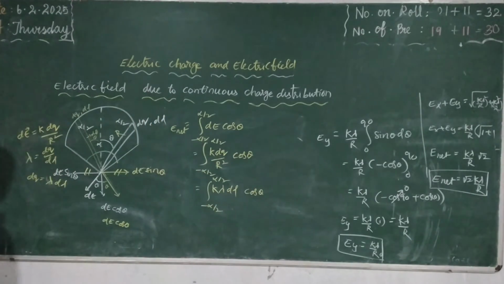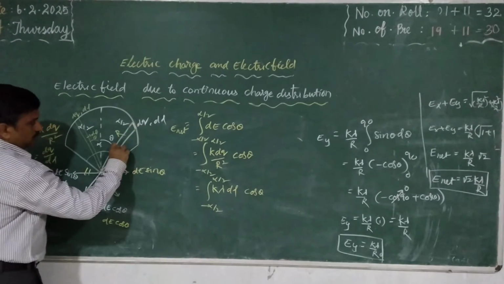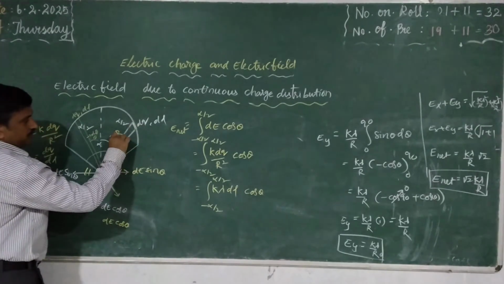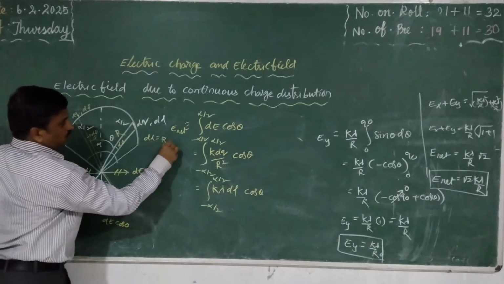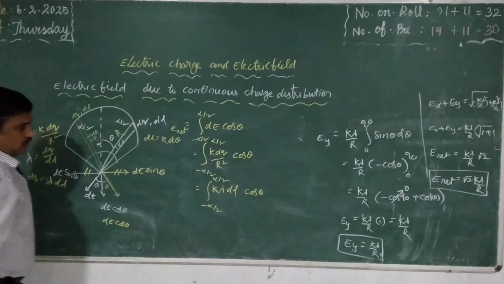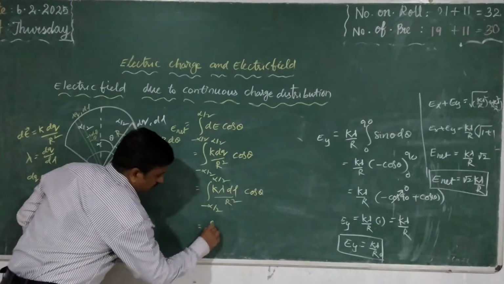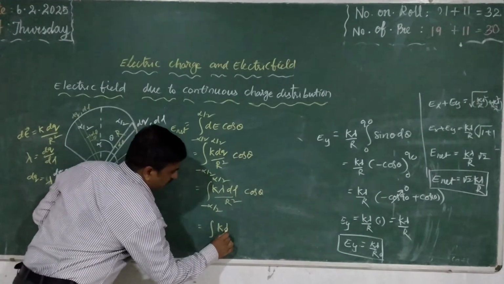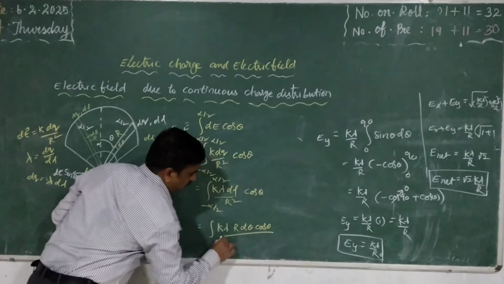Here dl, this length, is for angle d theta with radius r. So dl equals radius times angle, r d theta. Instead of dl we can write r d theta. Now the integral is k lambda r d theta cos theta by r square.